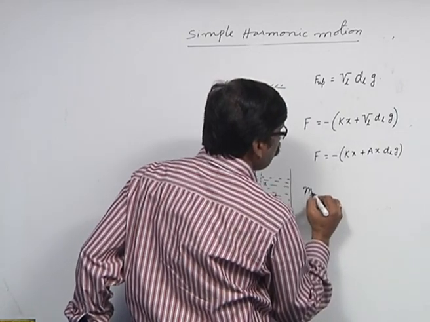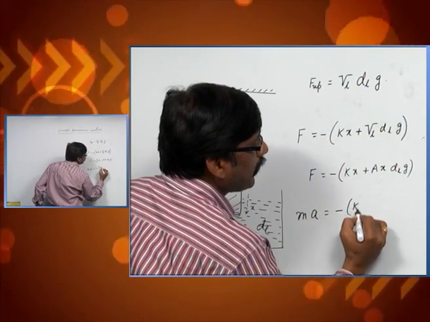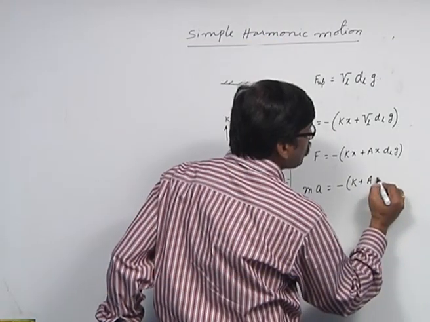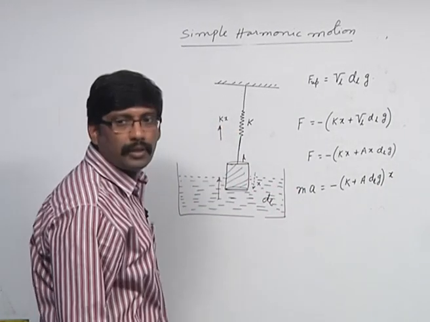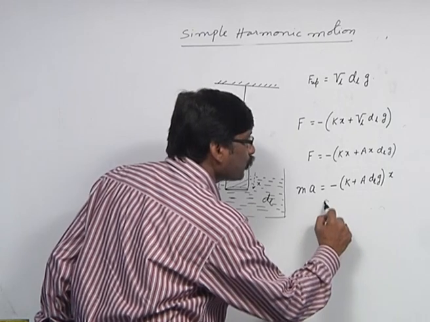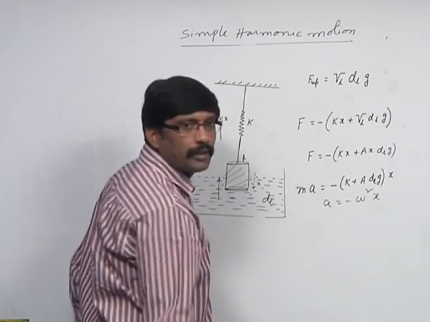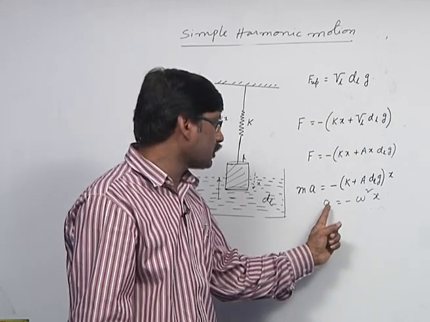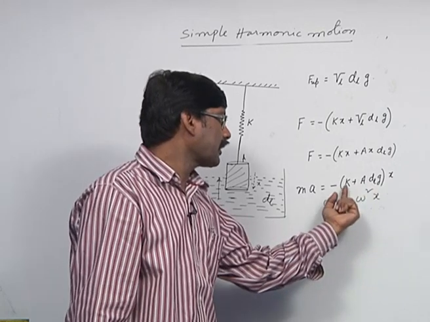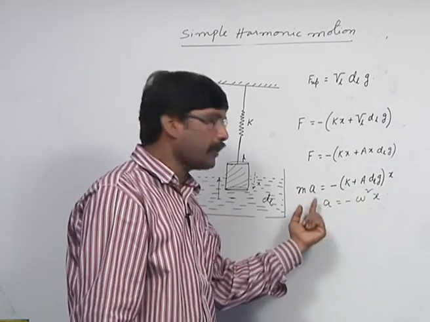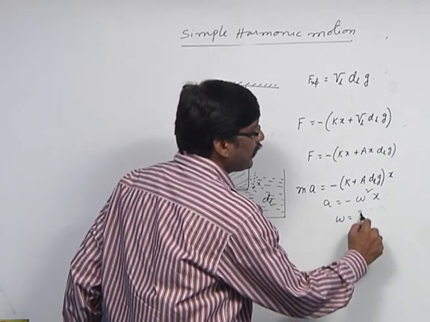So, F is equal to ma, which is equal to minus of, take out k common, (k + A d_L g) x. So, we can again prove that a is equal to minus omega square x. The constant of proportionality between acceleration and displacement is omega square, which is nothing but (k + A d_L g) by m. From that you can find out omega, the angular frequency of SHM.